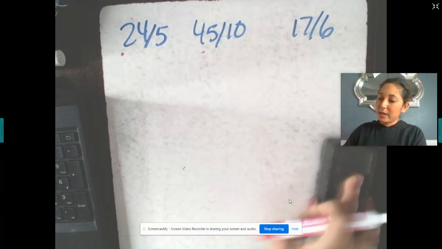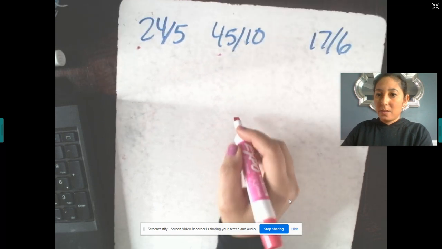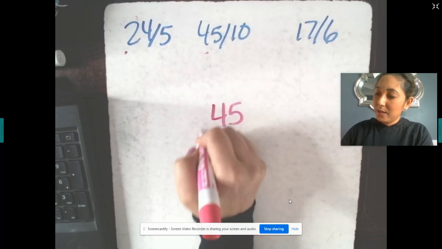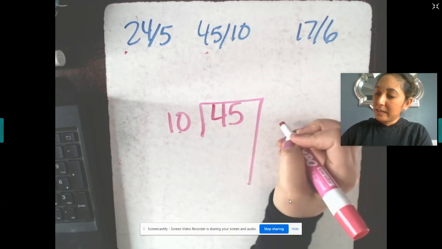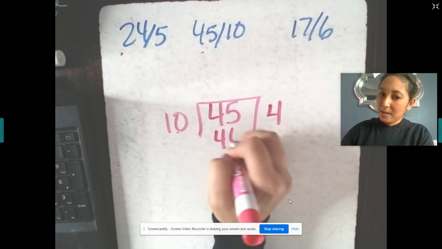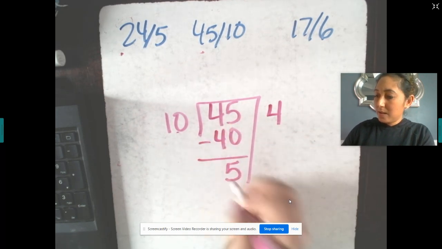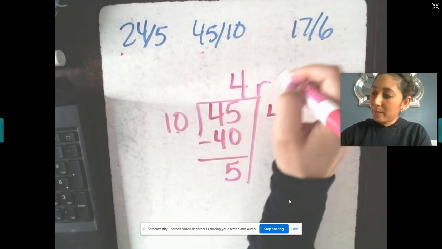45 tenths. We're not going to do the picture. Let's just use division. So 45 divided by 10. So let's see, 10 times 4 is 40. And 5 is my remainder. So 4 remainder 5.